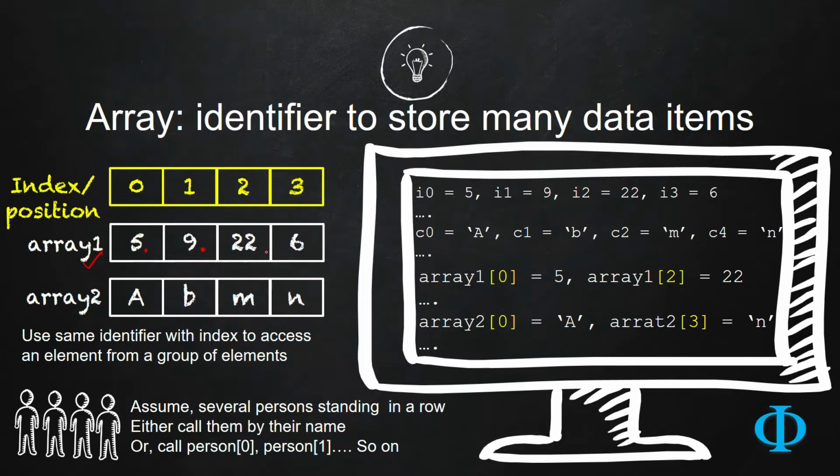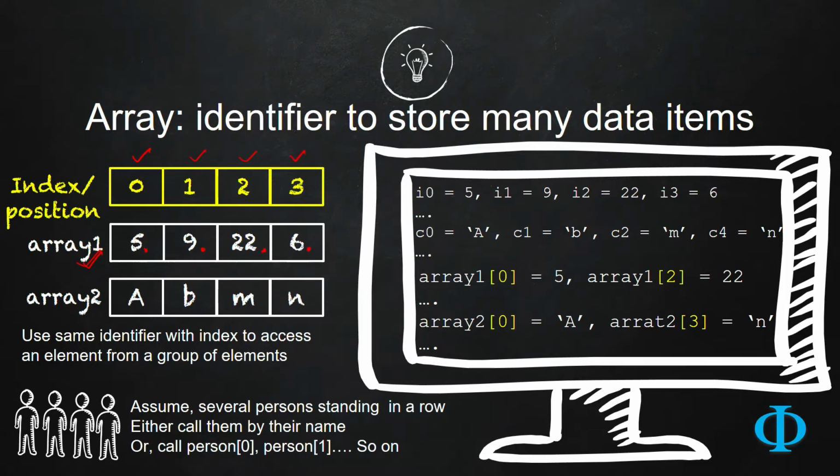Let's say this is 5, 9, 22, 6. You cannot access all the data items just by the variable name only. Rather, with the variable name, you have to use an index to properly identify each data item.